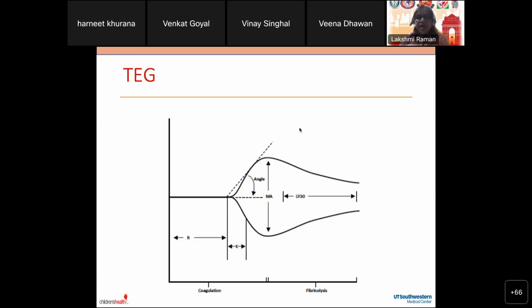And LY30 is the percentage of clot lysis at 30 minutes. So these are all the numbers that you look at and then decide at any given time: is your patient adequately heparinized? How effective are their platelets, and how effective is their clot strength and clot formation? Next slide, please.